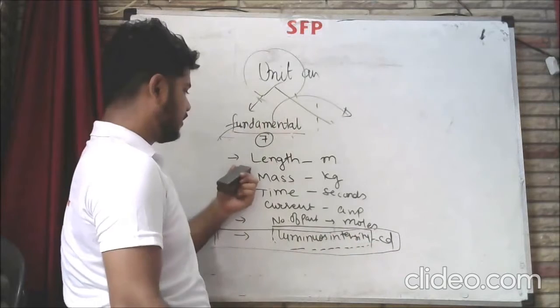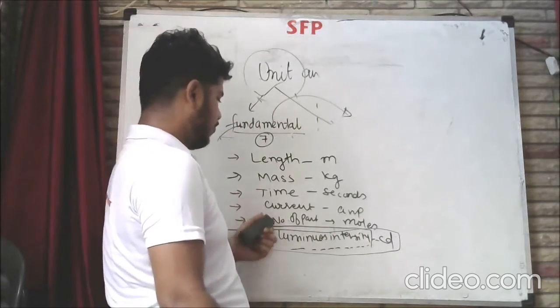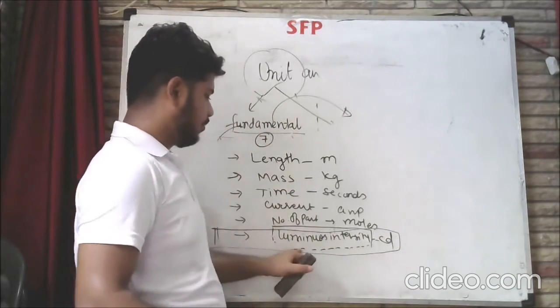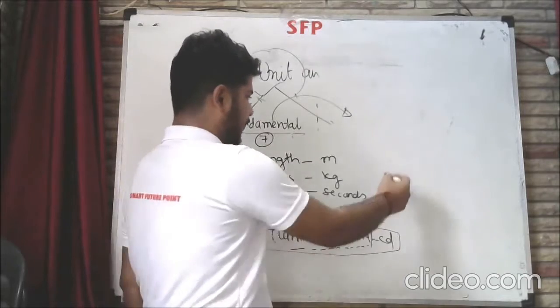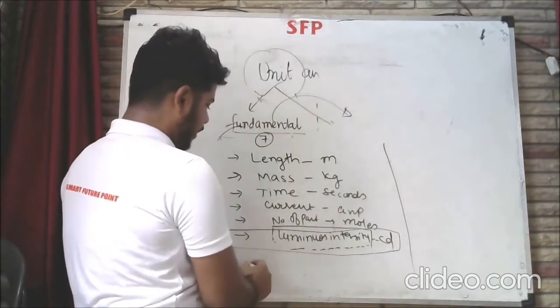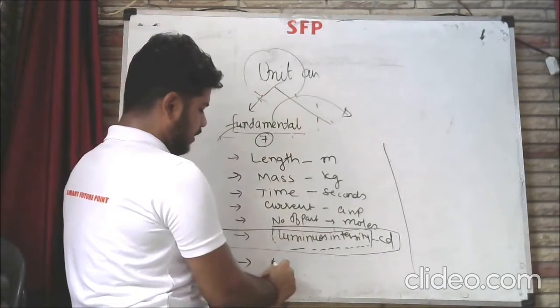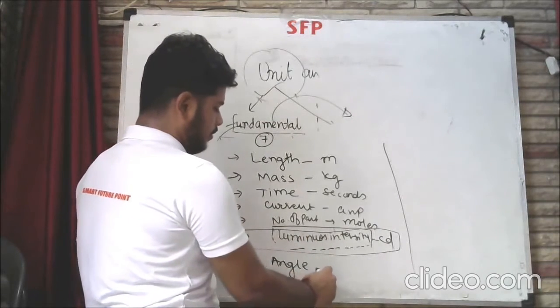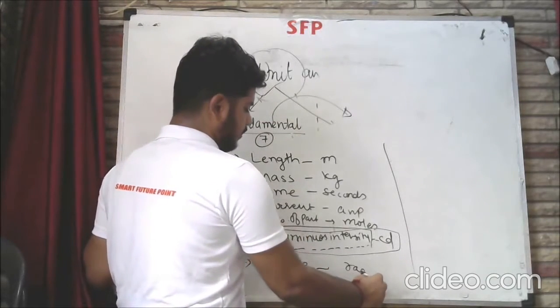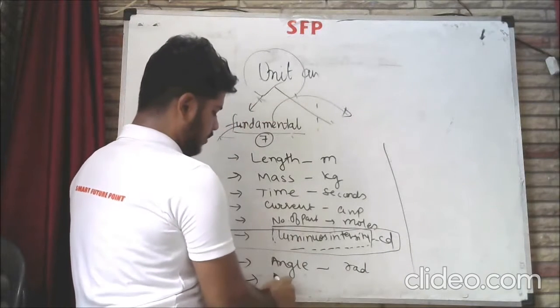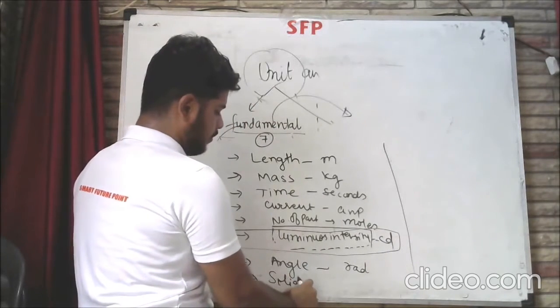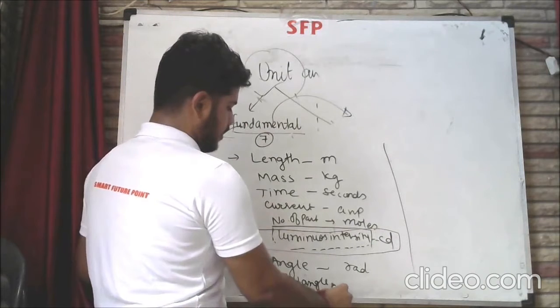We have defined mass, length, time, current, number of particles, and luminous intensity with candela. These are the fundamental units. There are two more units for angle: radian, and for solid angle, steradian.